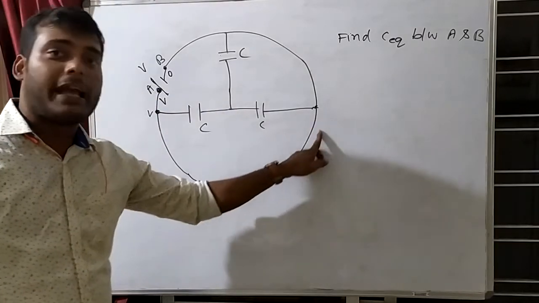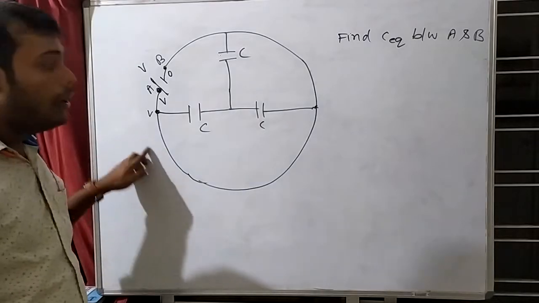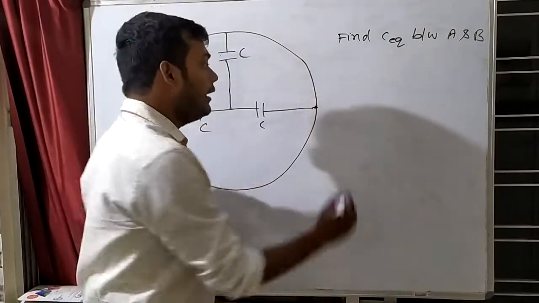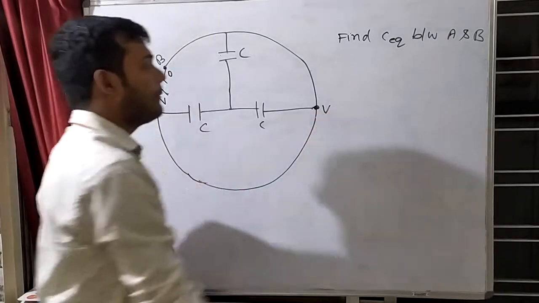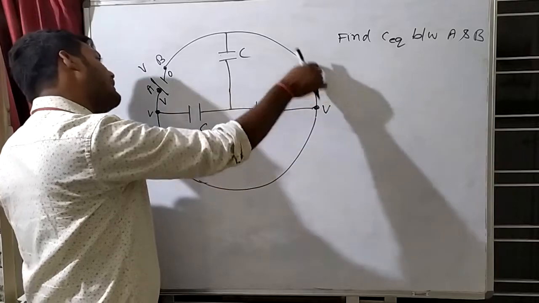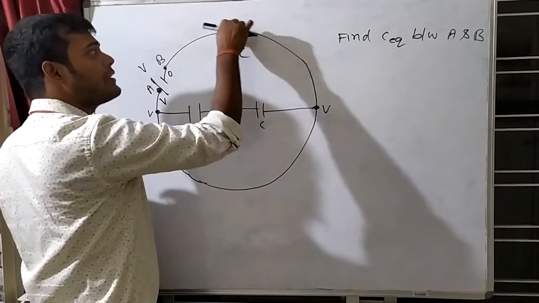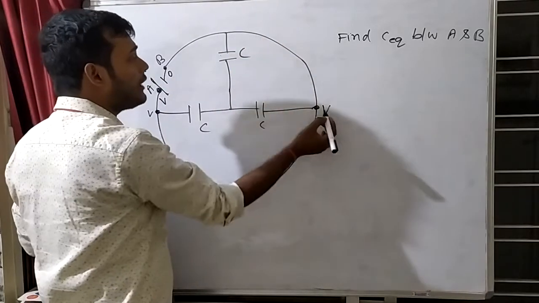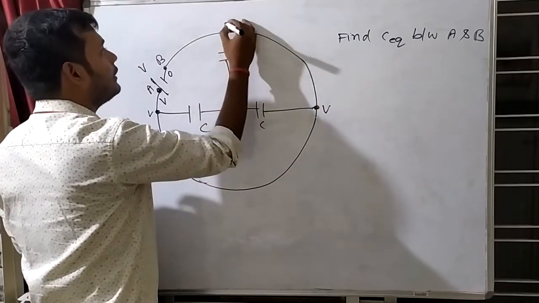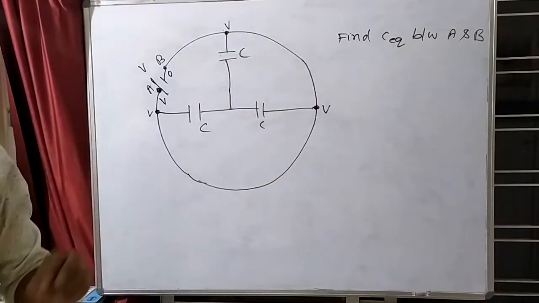Is there any capacitor or resistance connected? No. That means whatever the potential here, the same potential will come here. So at this point, what will be the potential? V volt. Now see here. This is V volt. Is there any capacitor or resistance connected in this wire? No. That means the same potential will come here. Clear?